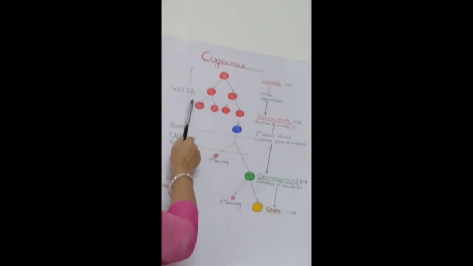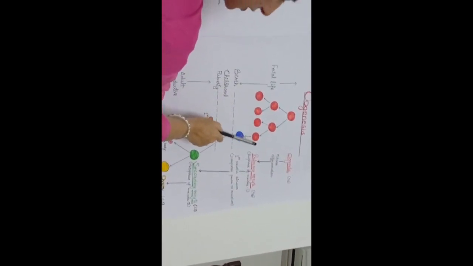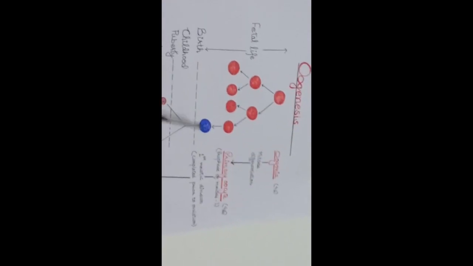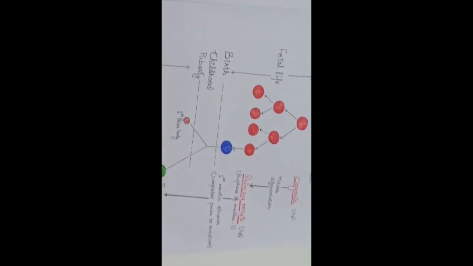During fetal life, these oogonia increase their number by the process of mitosis. Now these oogonia which undergo meiosis are known as primary oocytes. The number of chromosomes is 46. The primary oocyte is that oogonium in which the process of meiosis starts.